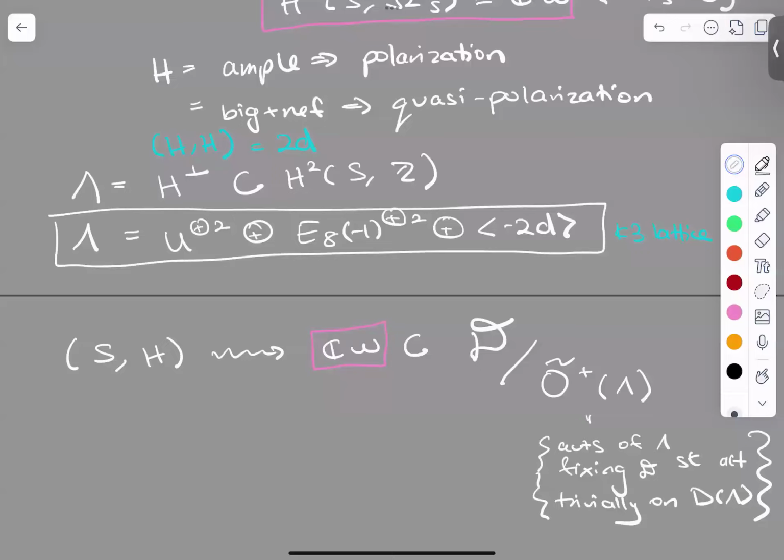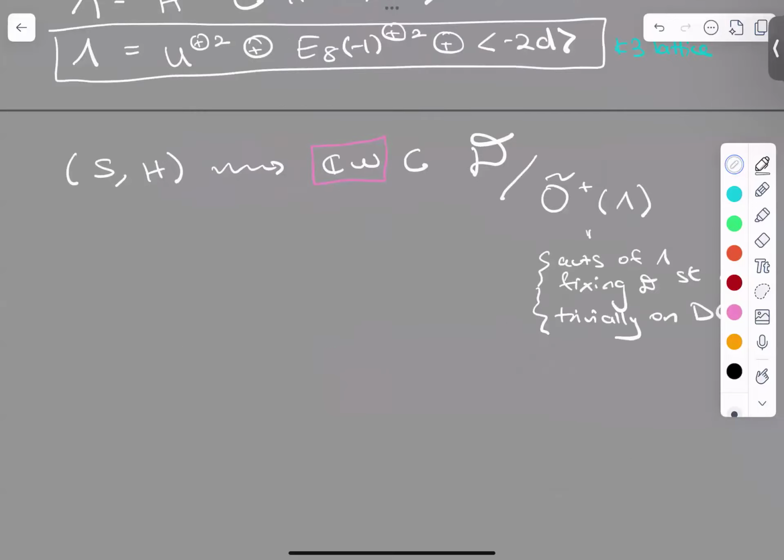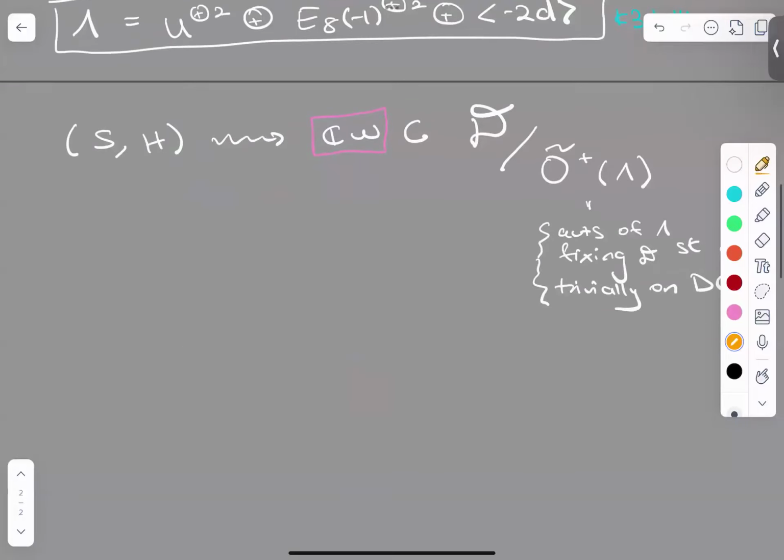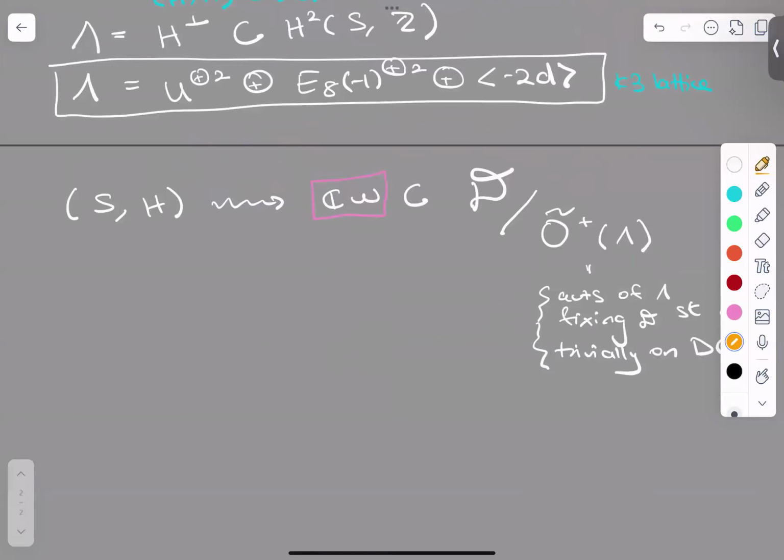Okay, so this map that starts with a K3 surface and assigns it a class in D mod O tilde plus of lambda is called the Torelli map.